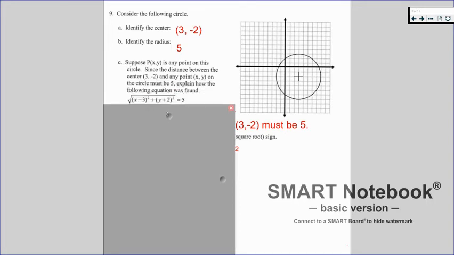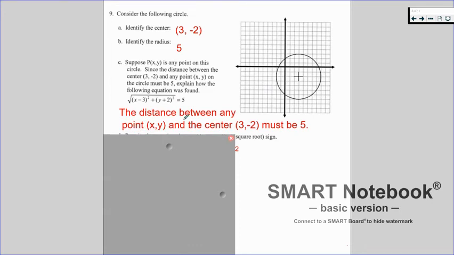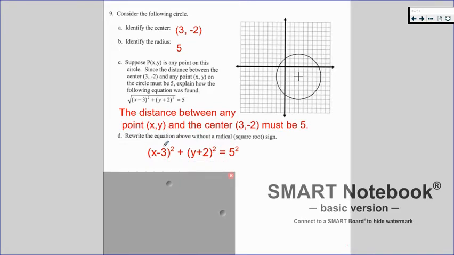Again, using the distance formula, the distance between any point's x and our center x, and the y and our center y coordinate, and then we end up with that equaling 5. That's what our distance has to equal. And then again, when we square both sides, we get (x minus 3) squared plus (y plus 2) squared equals 25.